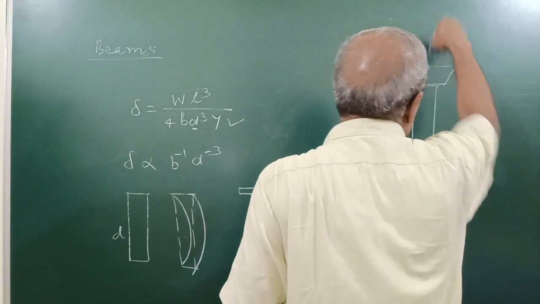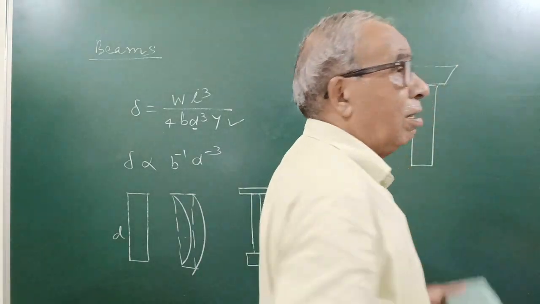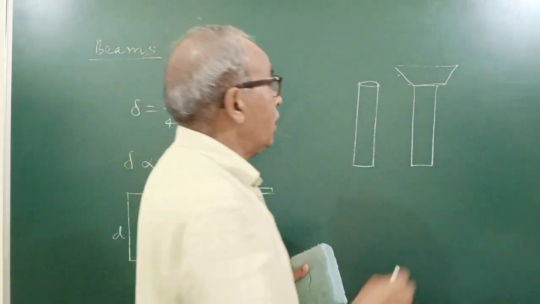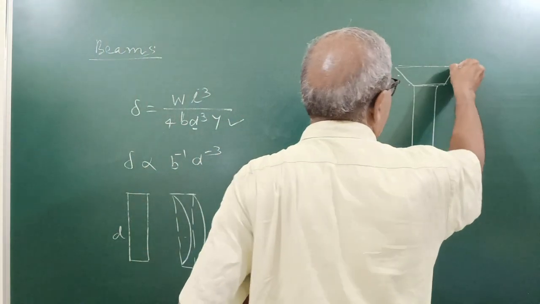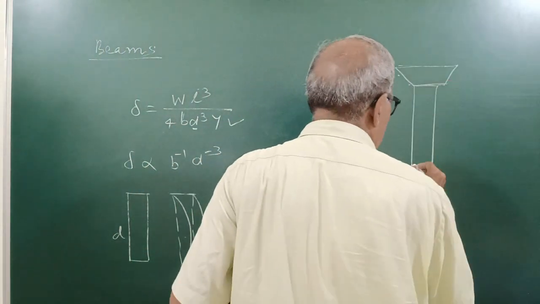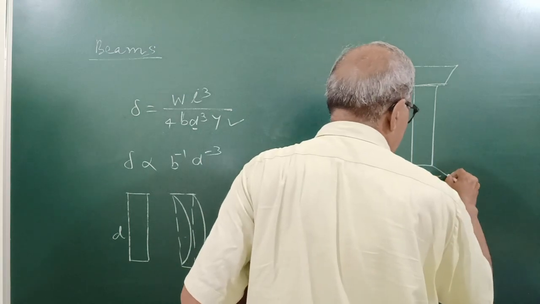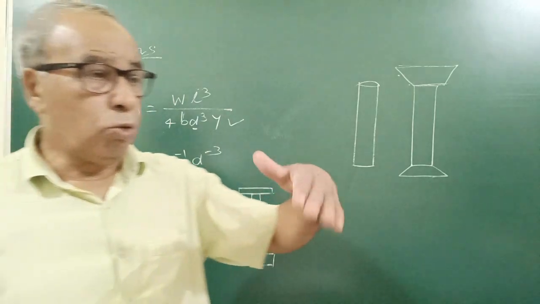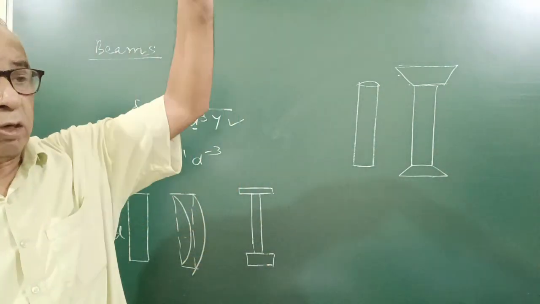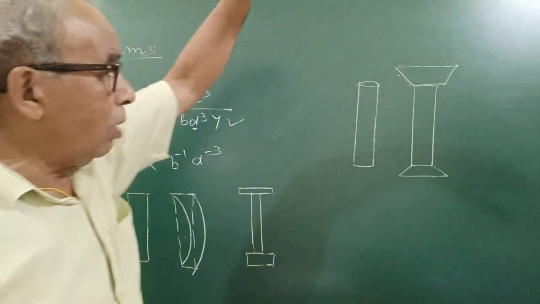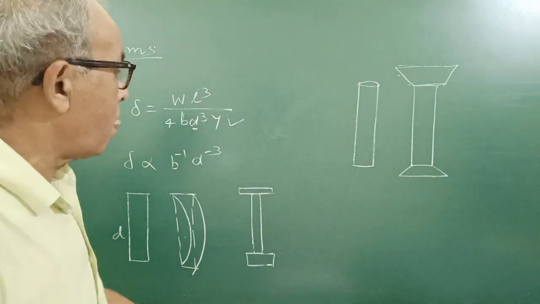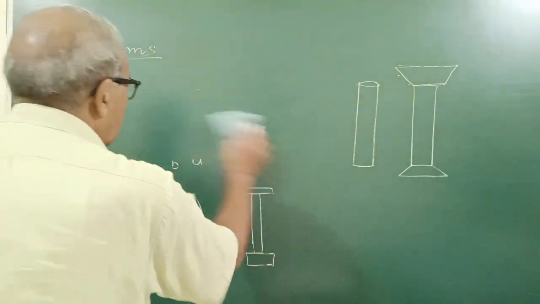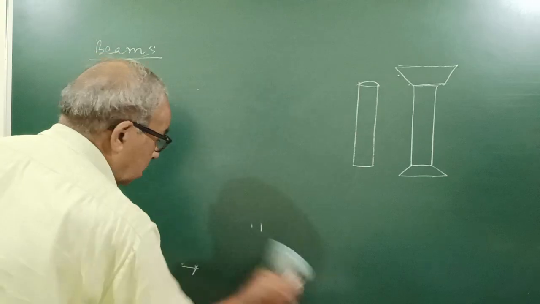Actually, the load applies pressure. Pressure is equal to force upon area. By increasing this area, we can decrease pressure. So this helps us in making pillars which can be used to bear the weight of the top of buildings and bridges also.